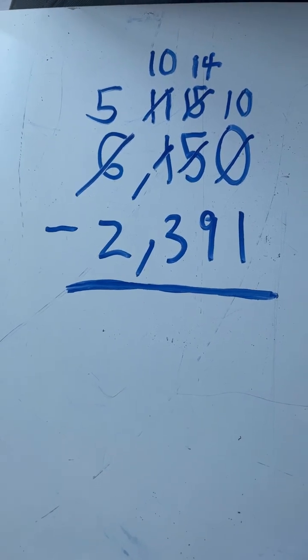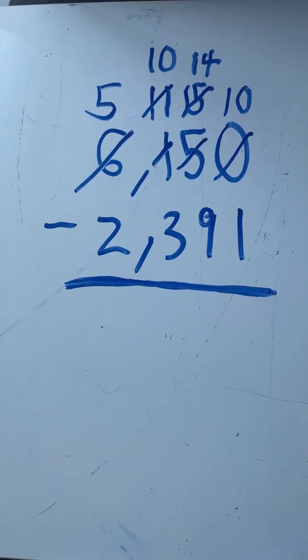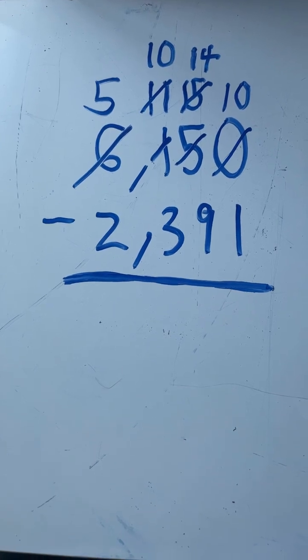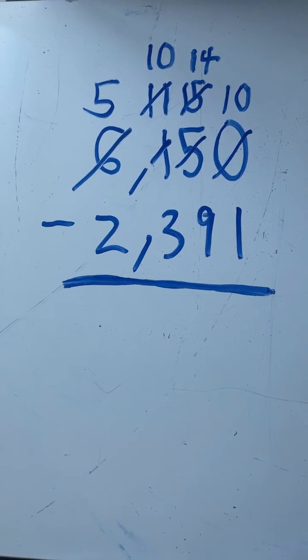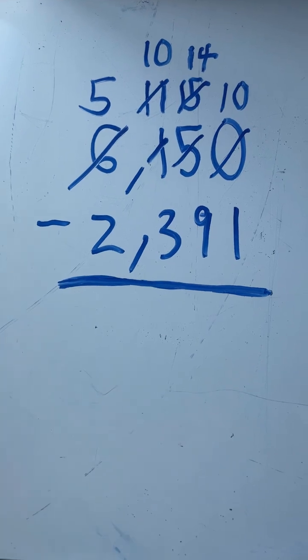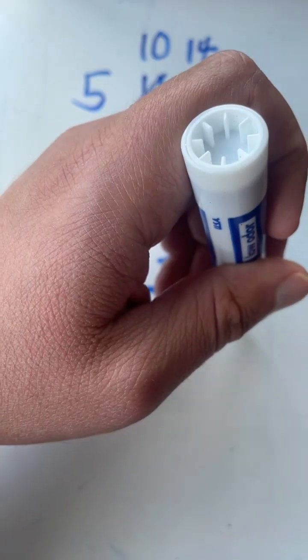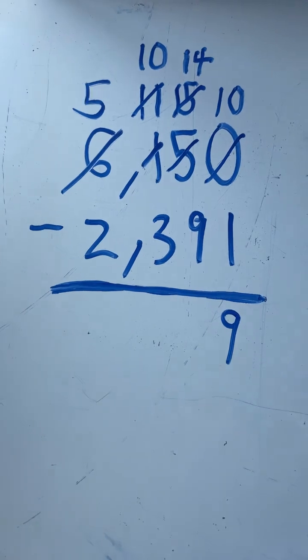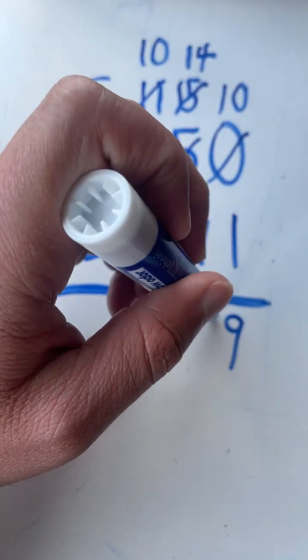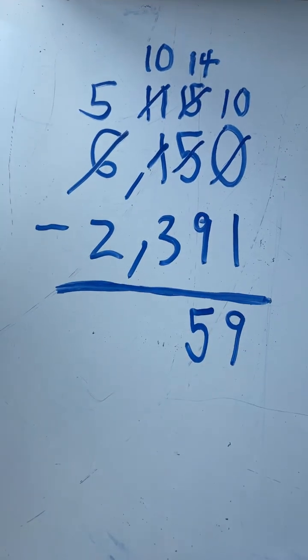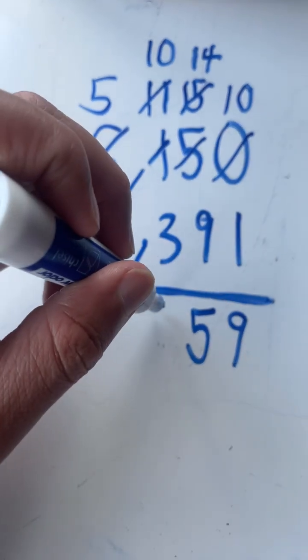So now, all the top digits are bigger. 10 is bigger than 1, 14 is bigger than 9, 10 is bigger than 3, 5 is bigger than 2. We are ready to subtract. So we're starting in the ones place now. 10 minus 1 equals 9. 14 minus 9 equals 5. 10 minus 3 equals 7.